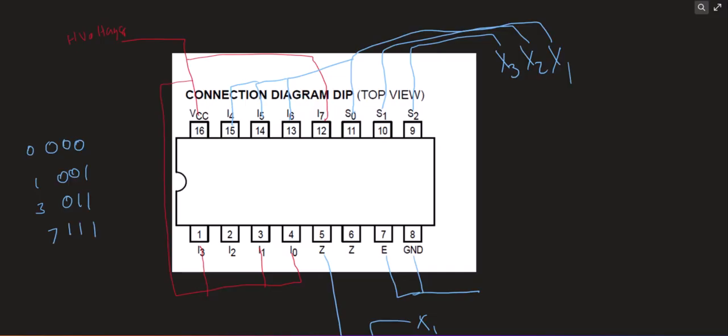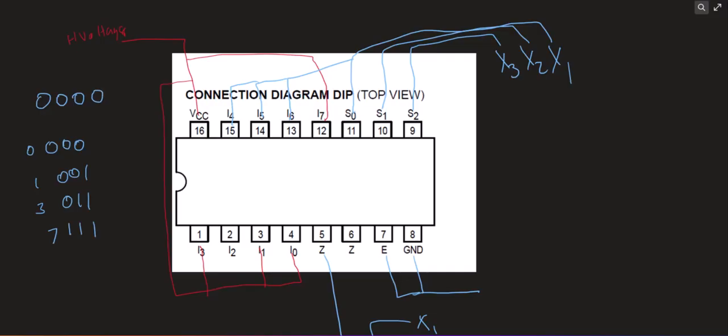Could we connect it to X of 0? That would not work, because it would not get you this value.